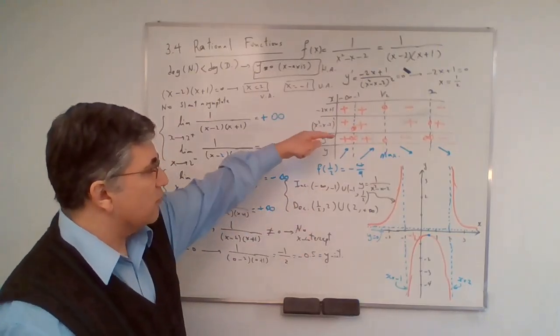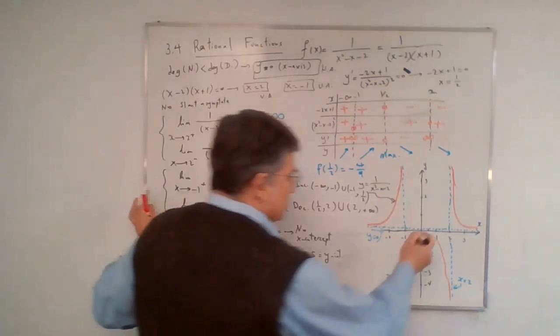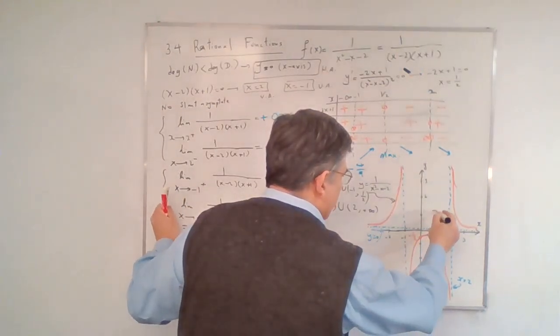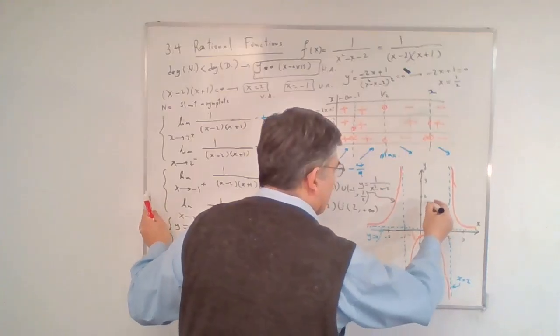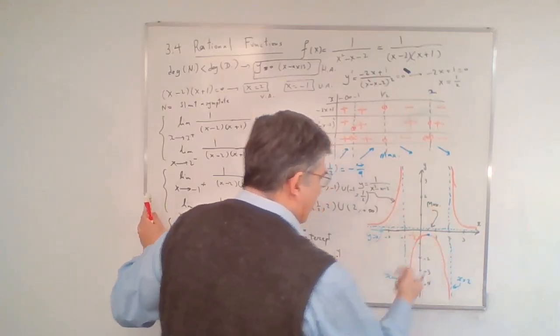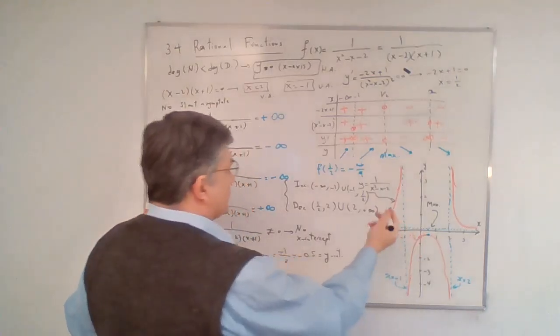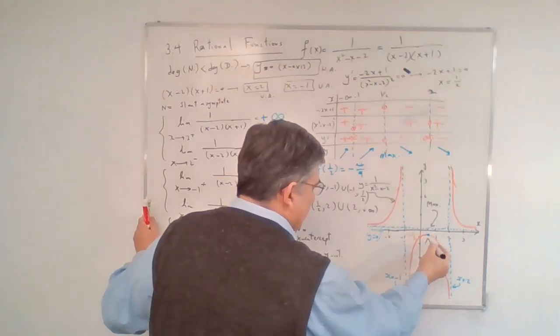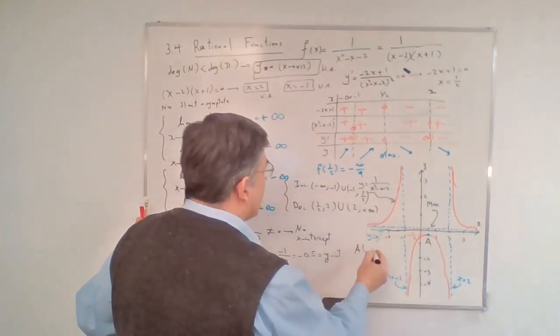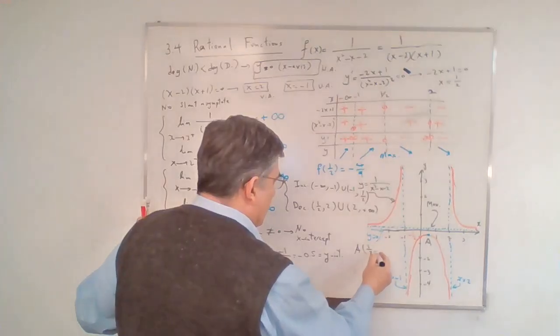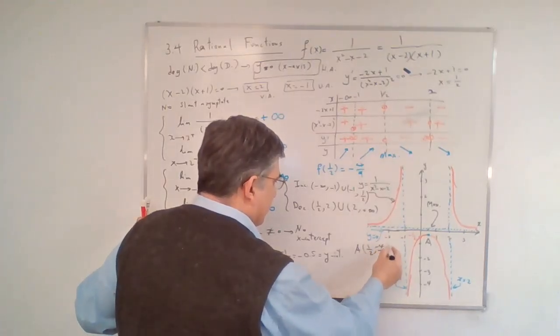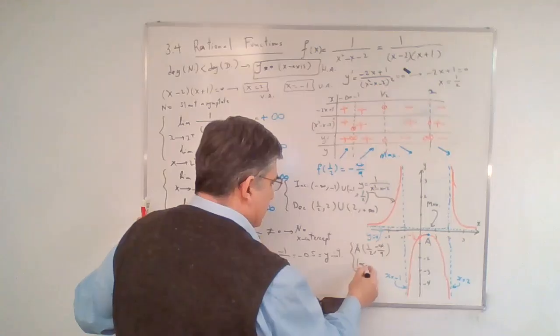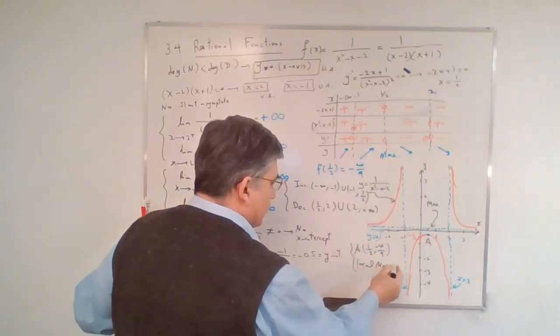I did find the local maximum point, which was here. This is actually our local max point. Let's say this is point A. Point A has coordinates of 1/2, -4/9, and this is our local maximum point.